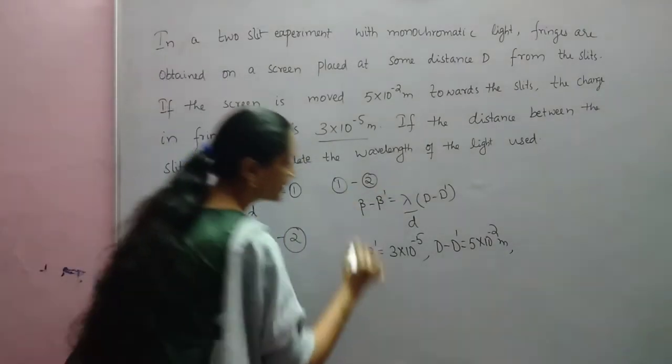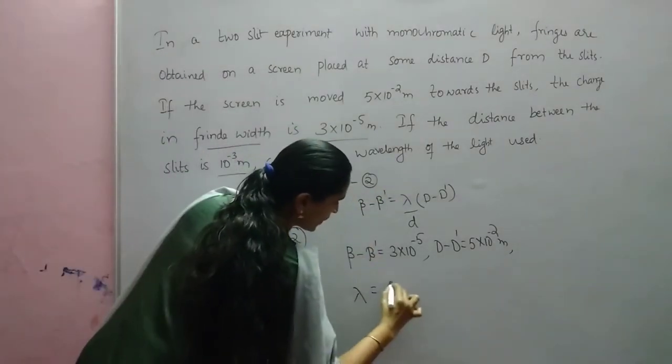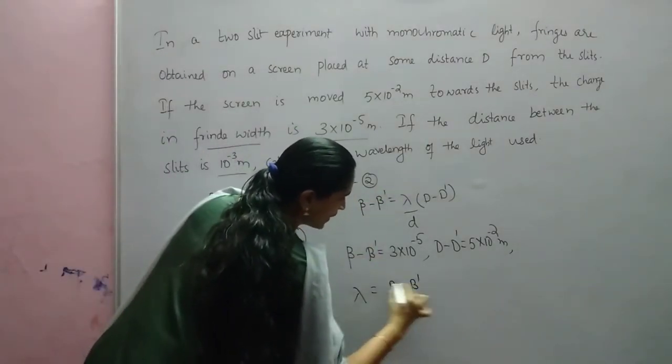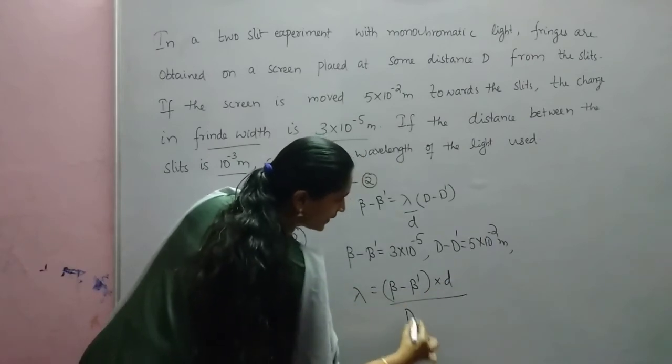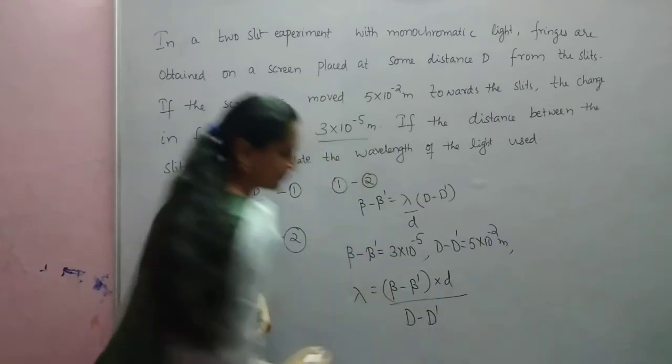So you can write lambda is equal to (beta minus beta dash) into small d divided by (D minus D dash).